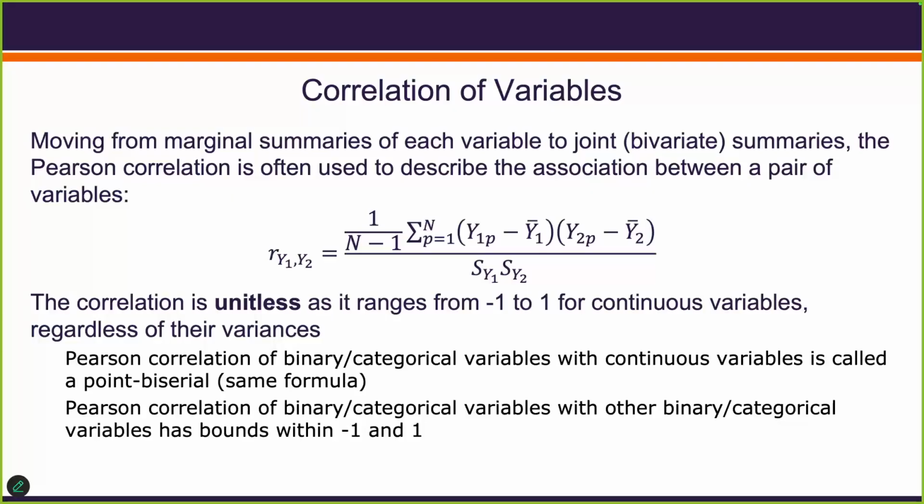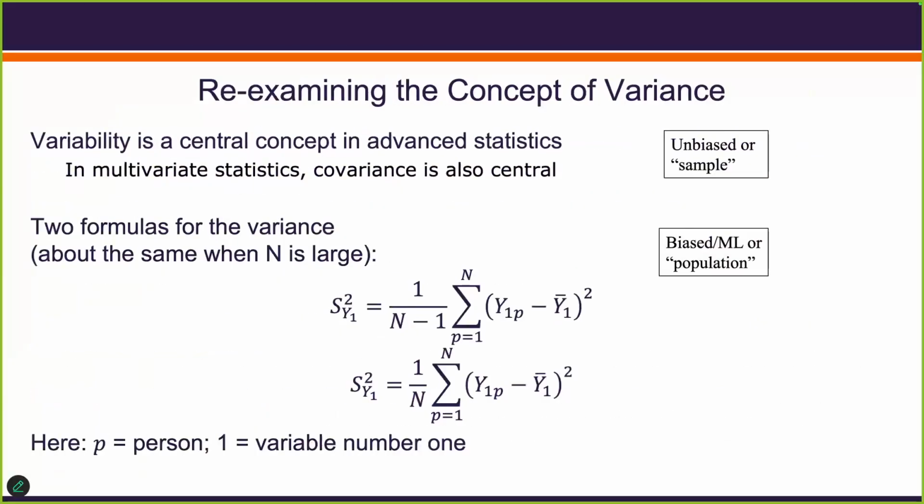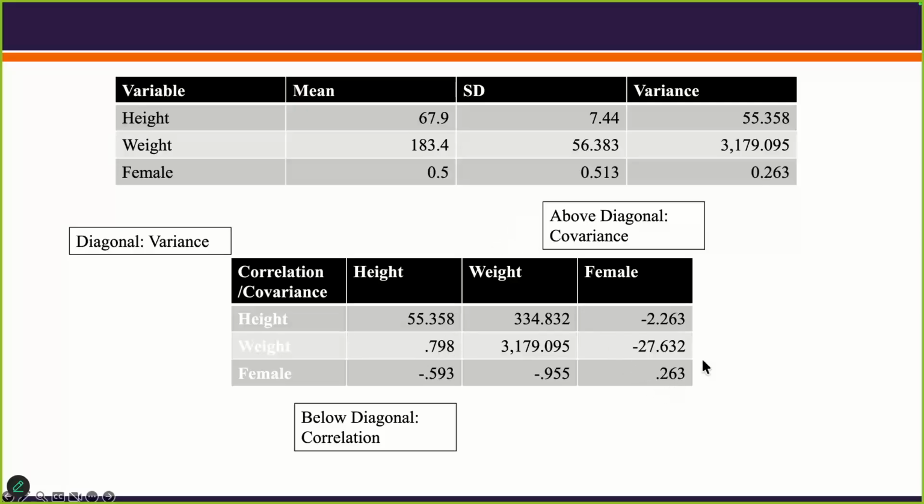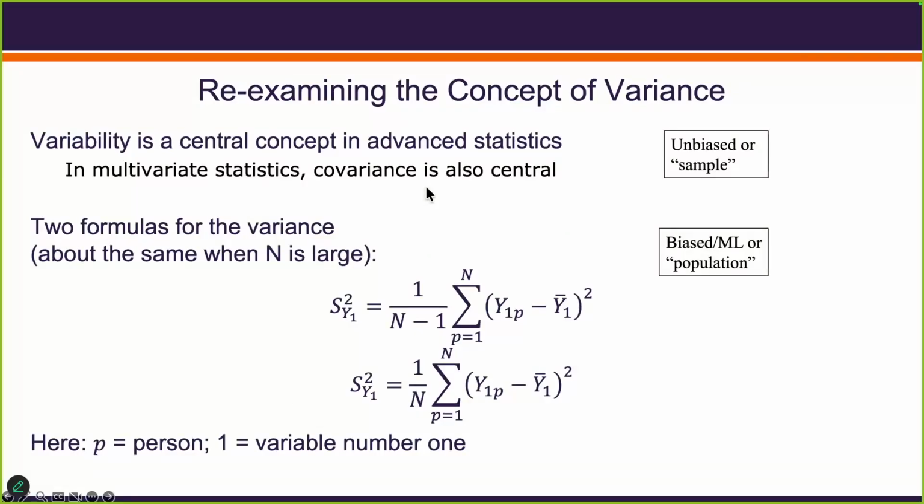The problem with binary and categorical variables is that the maximum range for the variance is mathematically restricted, right? In the binary variable, I think you may have seen it here with the variance. The variance is the mean times 1 minus the mean.